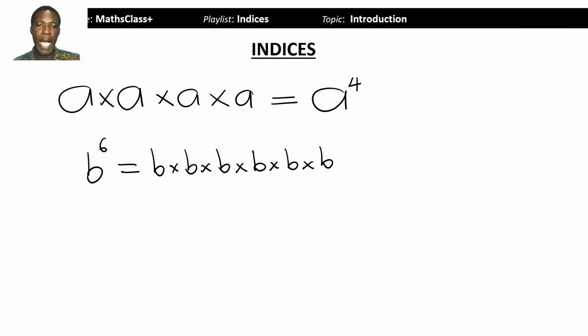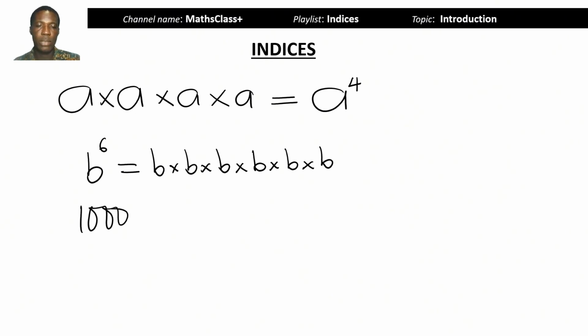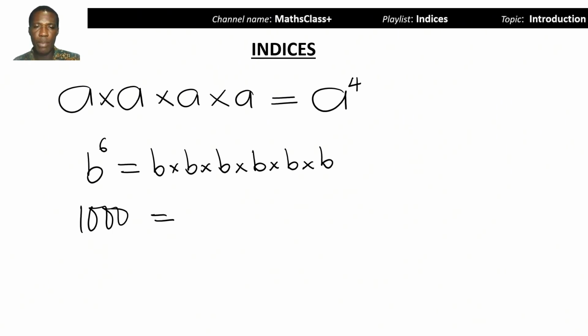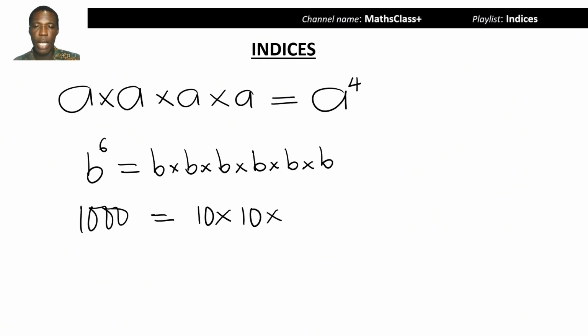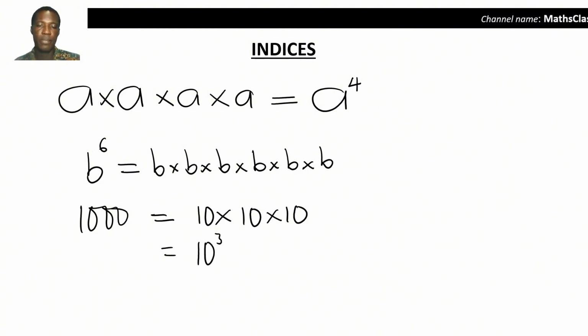So when we have a number like 1000, it means 10 is multiplying itself 3 times. And so 1000 can be written as 10 to the power 3. That is what we mean when we talk about index numbers.